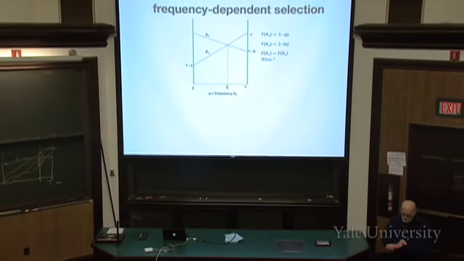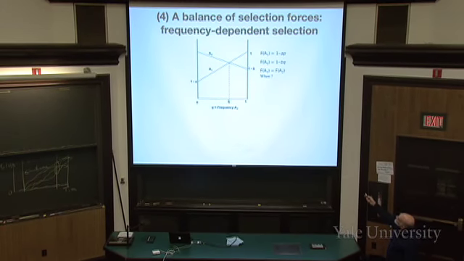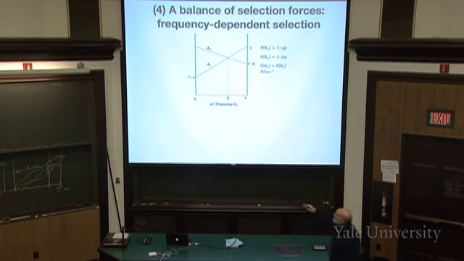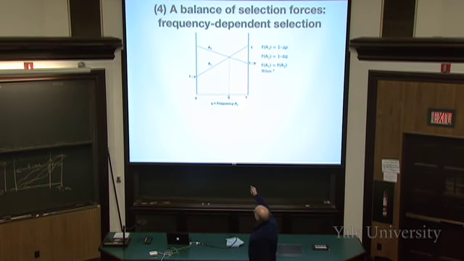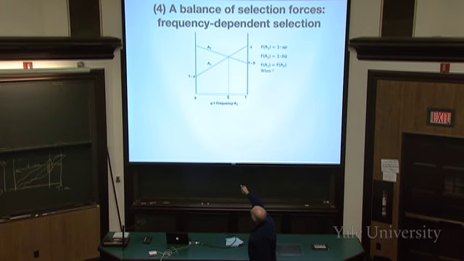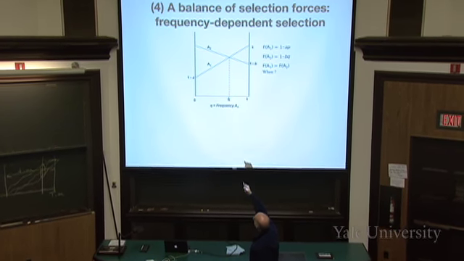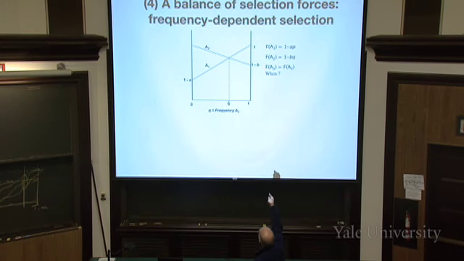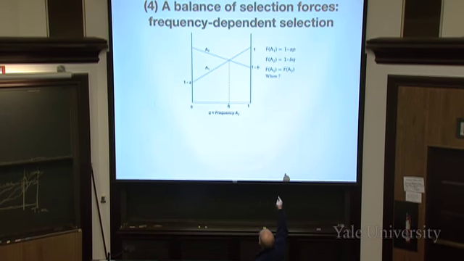The fourth mechanism is a balance of selection forces, so that, for example, for A2, when A2 is 0, it has high fitness here, and as it increases in frequency, its fitness drops, according to this equation.